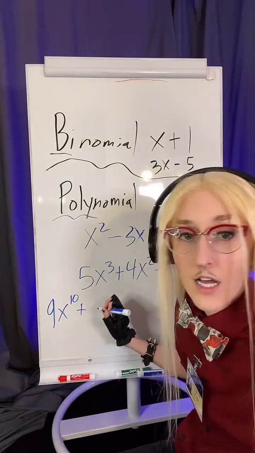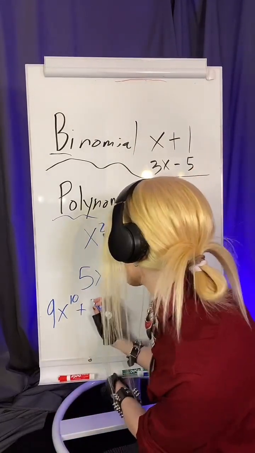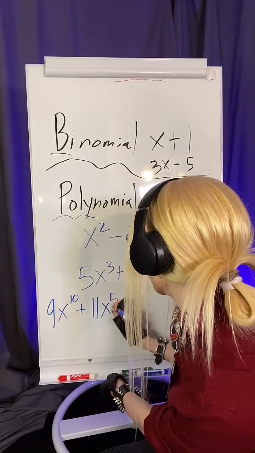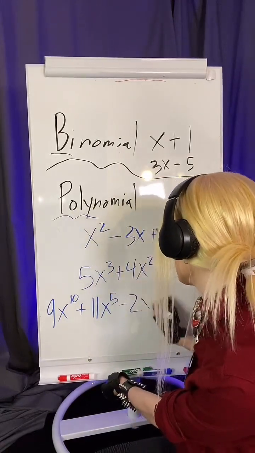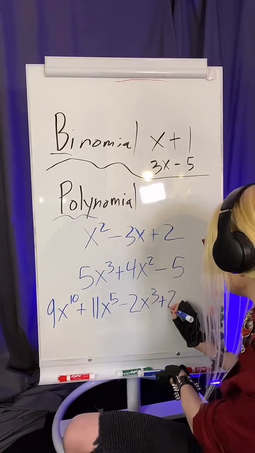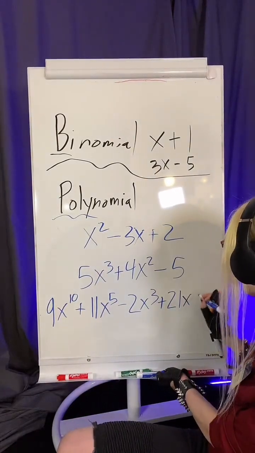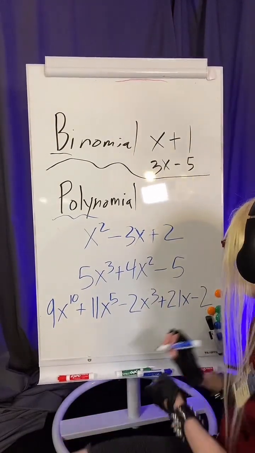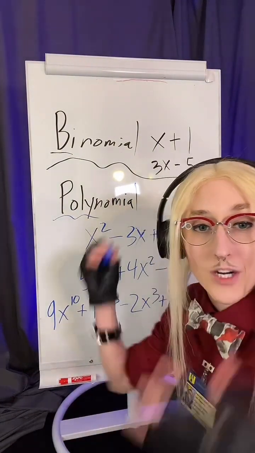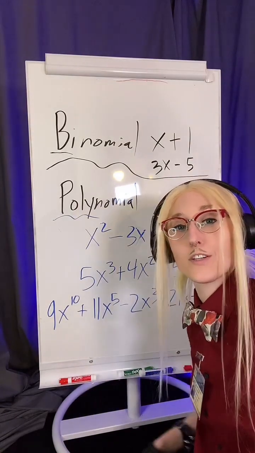Don't ask me where I got these, because it's nowhere. That's officially what we're calling my brain. Nowhere. 11x to the 5th minus 2x to the 3rd plus, I don't know, maybe 21x minus 2. That's a polynomial. Those are polynomials. Polynomials just got many in that equation.